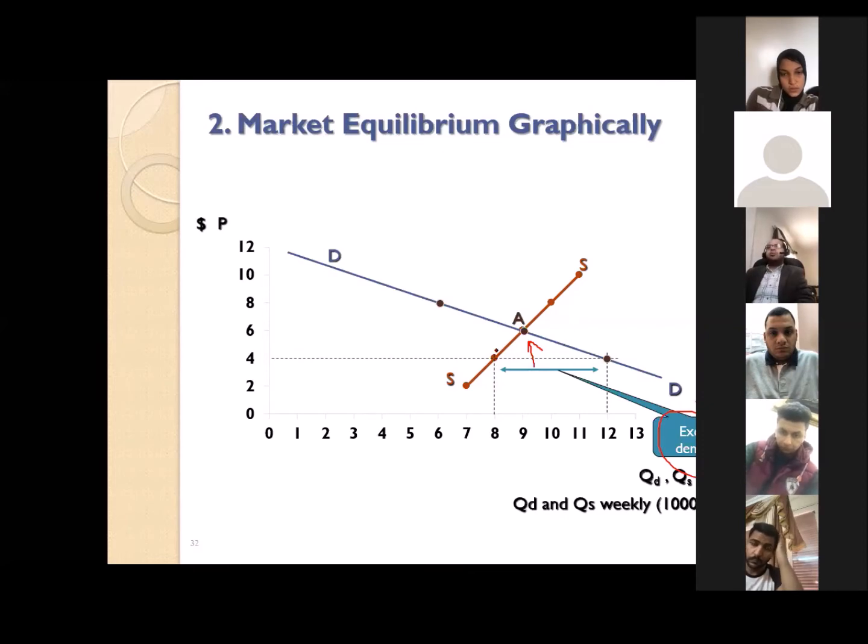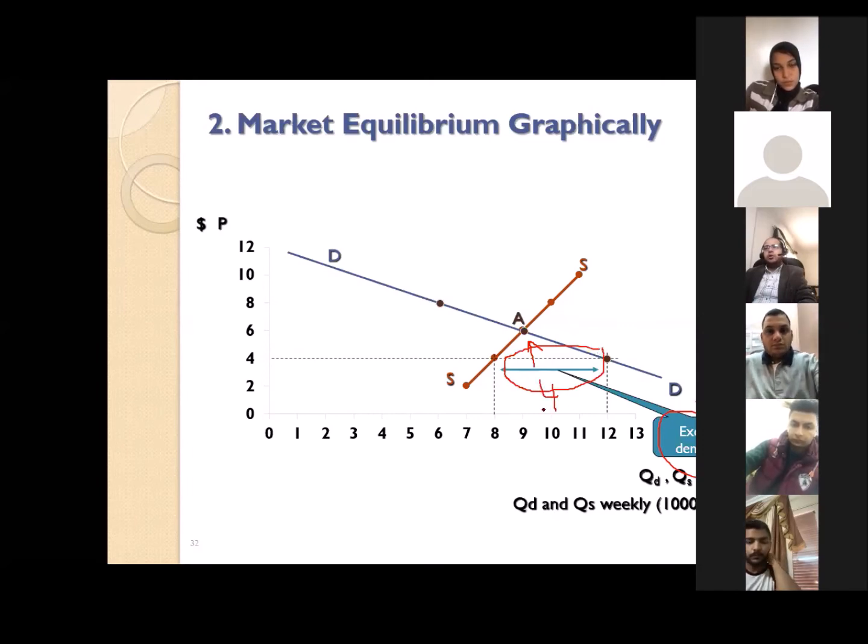So what will happen if we are here? The product here is not enough. From 8 to 12, so 4 units of the product are short. So the consumer says, I would prefer to pay more to find it. So this will be the new case.